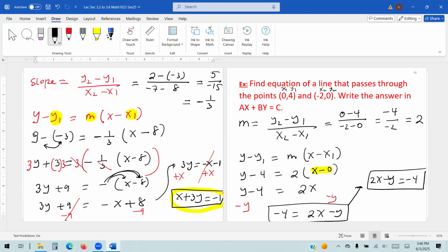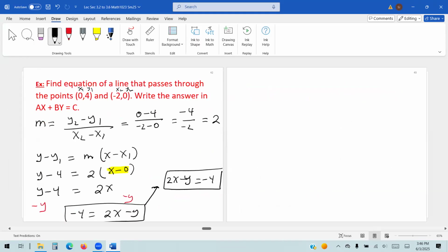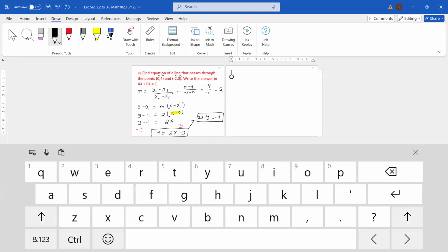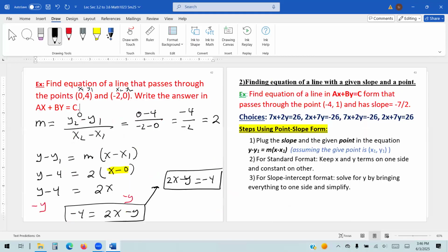Any question? Now, before we go, there is one more scenario, and this will be on the final exam. Find the equation of the line that goes through one point and has a given slope.